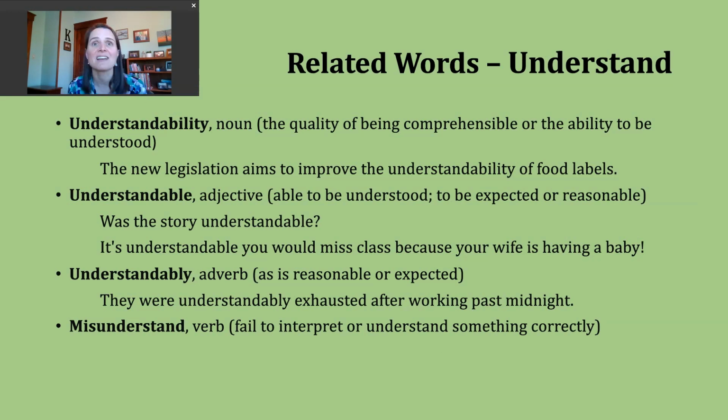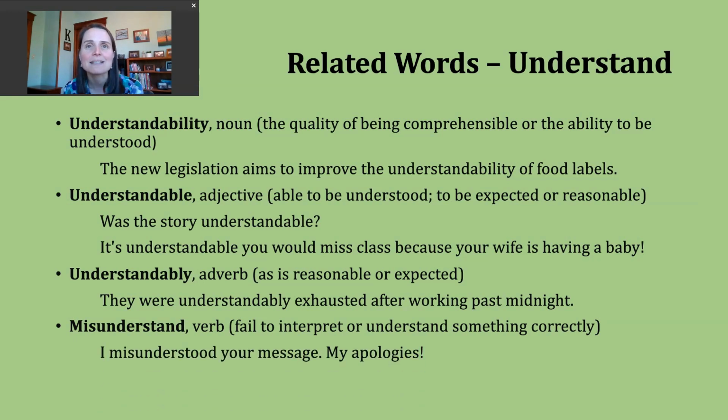We're not grasping the meaning. We're not reaching sort of the same conclusions. So, an example of this: I misunderstood your message. My apologies. Right? So here, I hope you notice the irregular form, understood, that we talked about earlier today, it continues with this other form of the verb. So misunderstand is also an irregular verb.